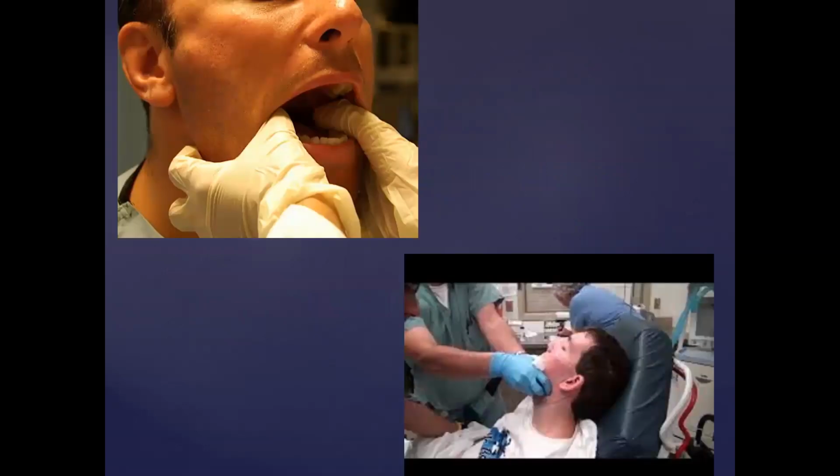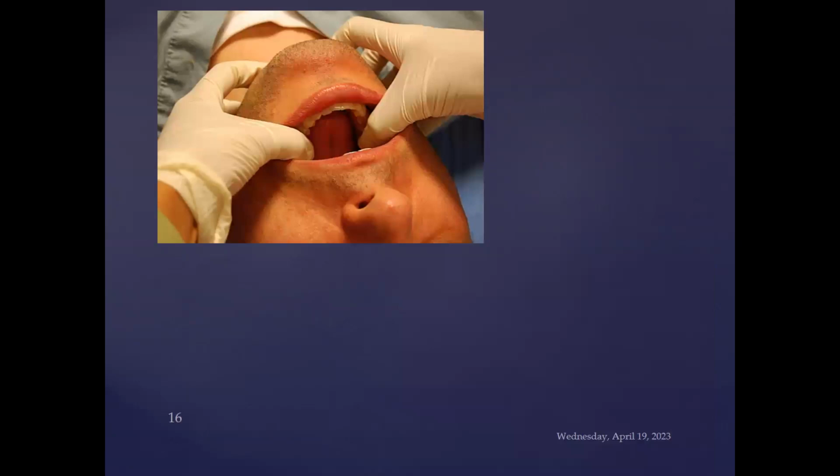So you can see the photographs. You can see the thumb inside the oral cavity on the molar region. The patient is sitting with the mandible parallel to the floor, with the operator in front of the patient, with his fingers across the lower part of the mandible, bringing it down.